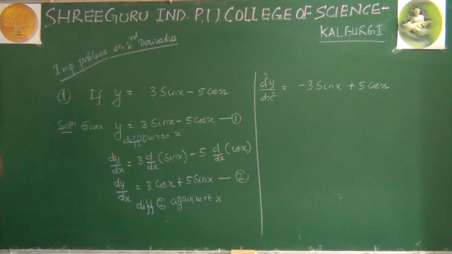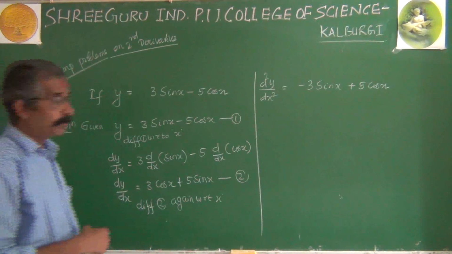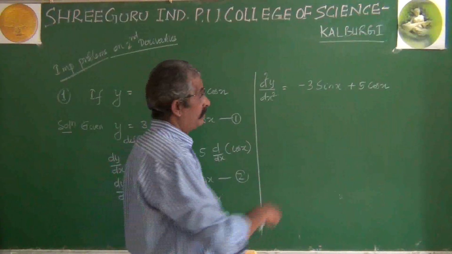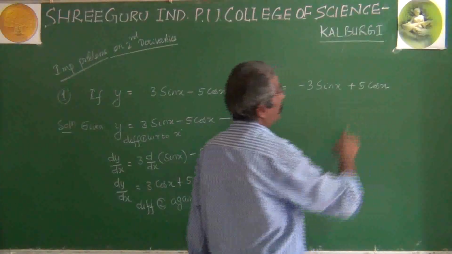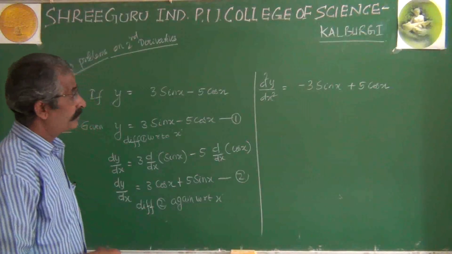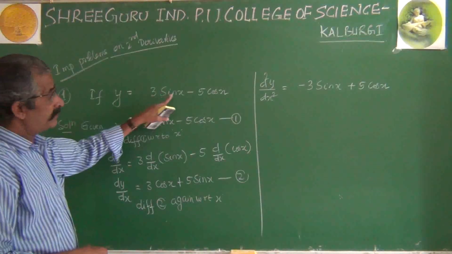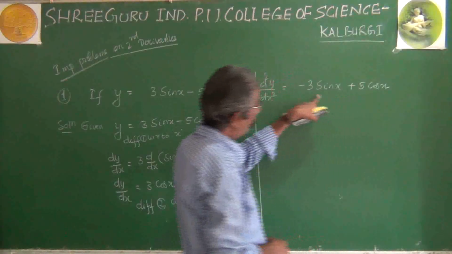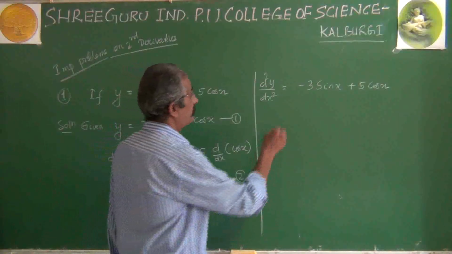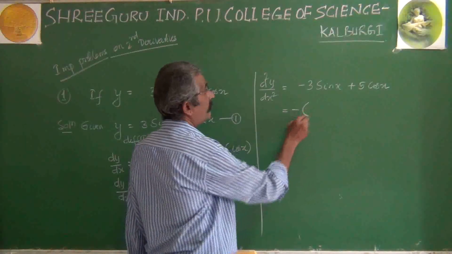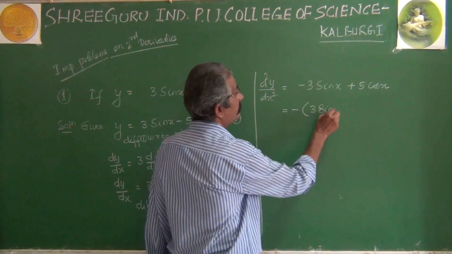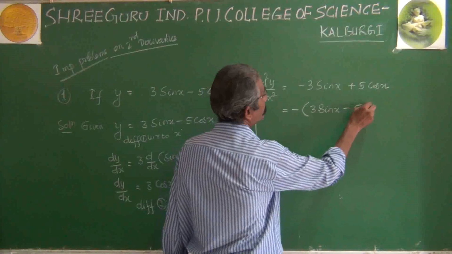But our problem is asking to prove that d2y over dx2 equals minus of y. This has to be transferred into the format of y. For that, y is 3 sin x minus 5 cos x. We shall take minus common on the right hand side. On taking minus common, we are left with 3 sin x minus 5 cos x.